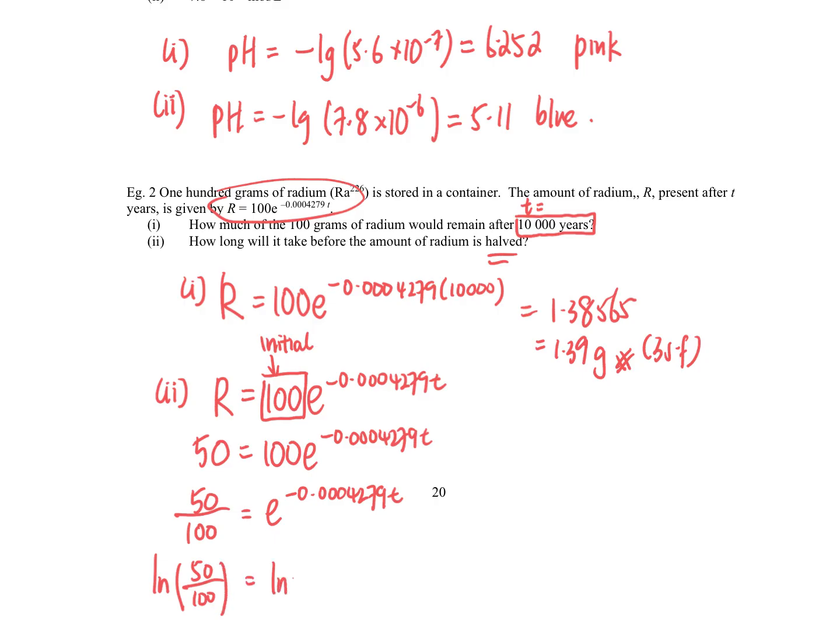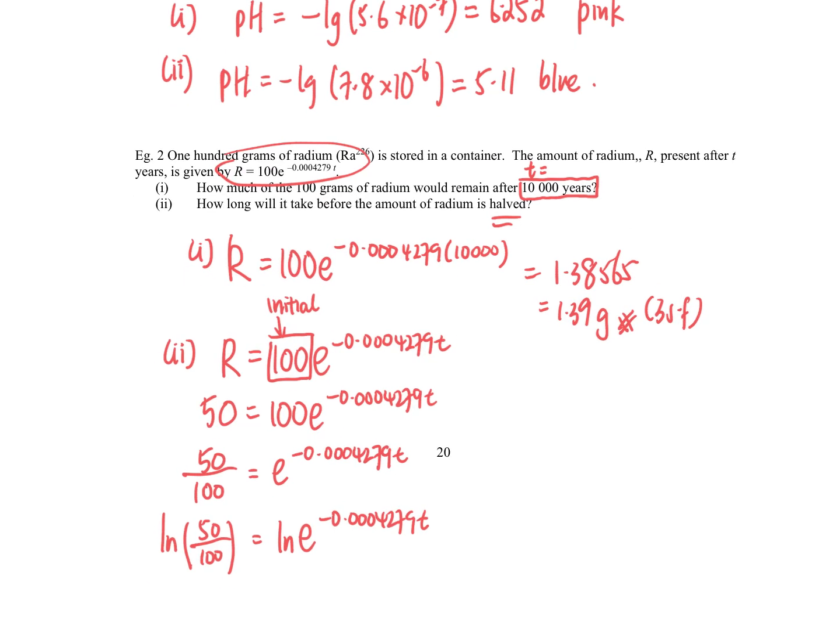After you ln both sides, you can take the power down. Remember, you don't straight away ln from here. This must not have any number attached to the exponential when you ln. So get rid of the 100 first before you ln both sides. This one is a crucial step.